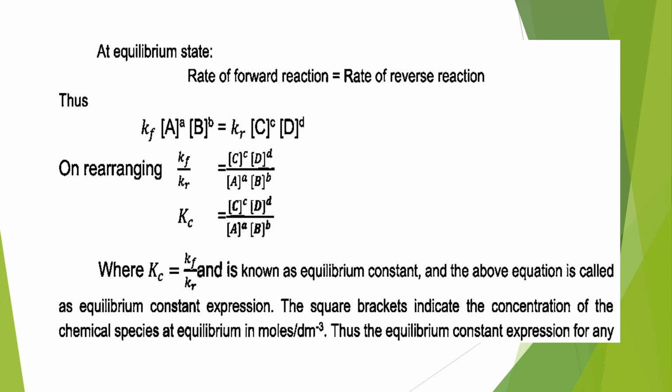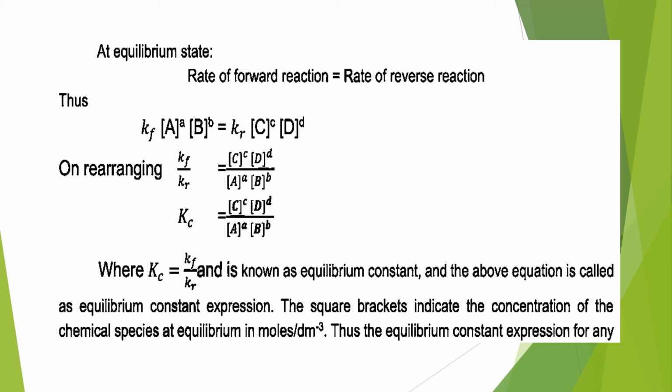This Kf over Kr can be replaced by another constant that is called Kc, and this Kc is equal to the product of the concentrations of products divided by the product of the concentrations of reactants.